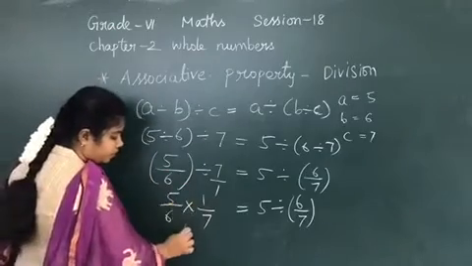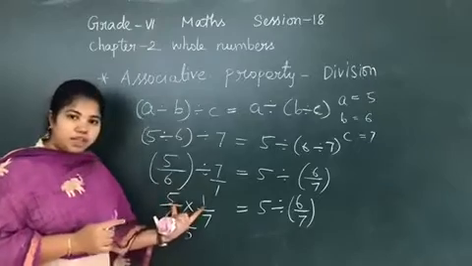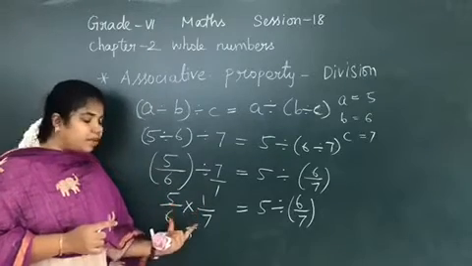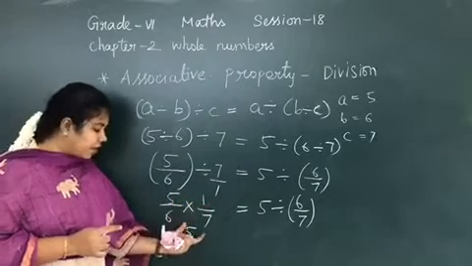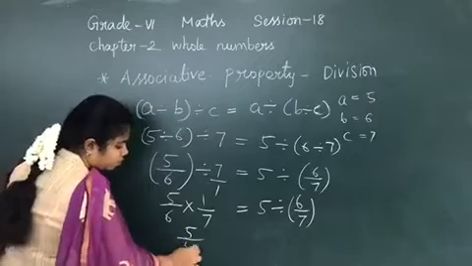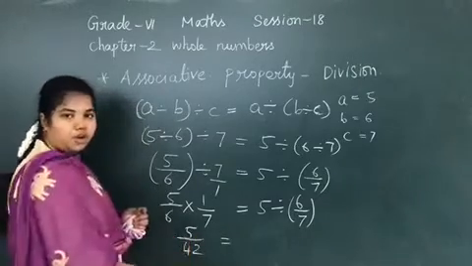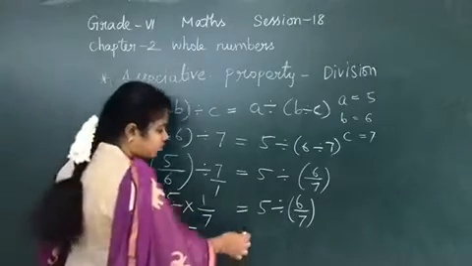For multiplying rational numbers, multiply the numerators, the product of numerators divided by the product of denominators. So what is the product of numerators? 5 into 1 is 5, and what is the product of denominators? 6 into 7 is 42. So my LHS is 5 by 42. Can you understand? My LHS is 5 by 42, and in the same way let us do the RHS.